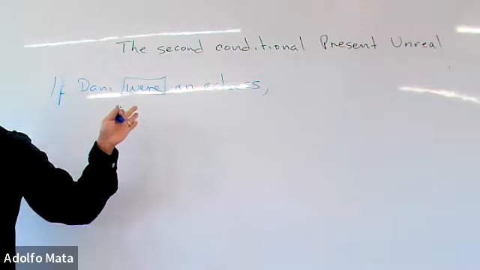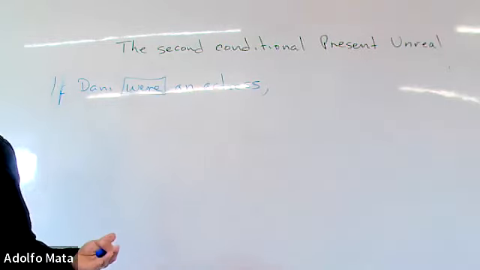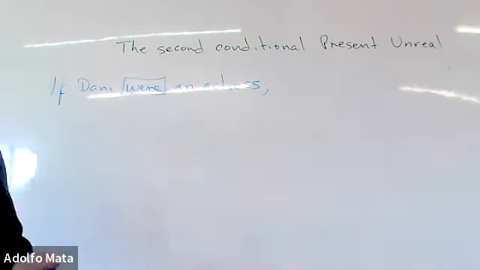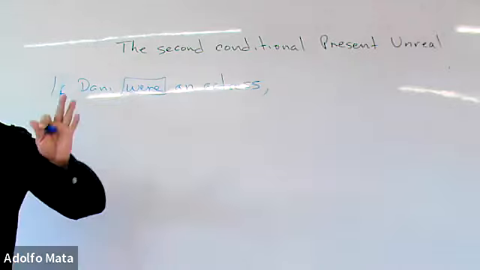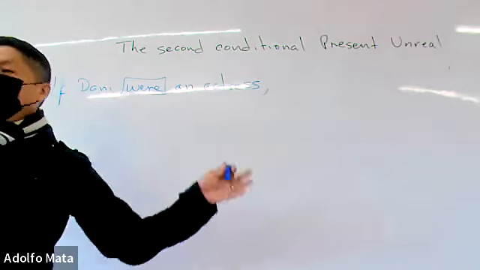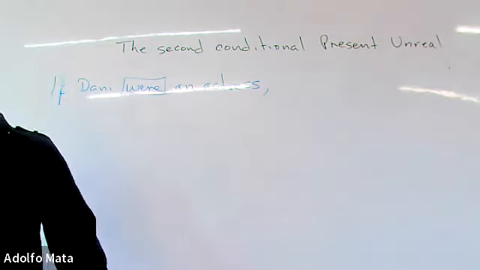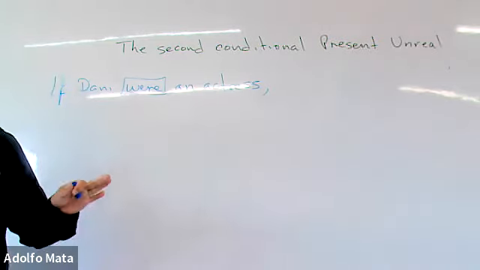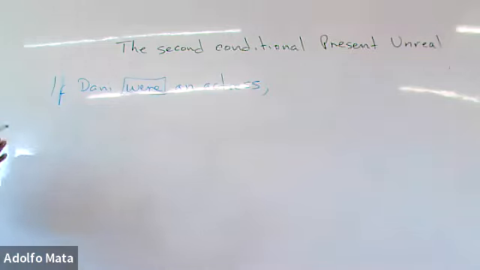I say, if Danny were an actress, si Danny fuera una actriz, which means you're not an actress, Danny, but you will be someday, maybe in your house, with your husband, you will act, stuff like that, right? Because women do that. Okay, men do that too.